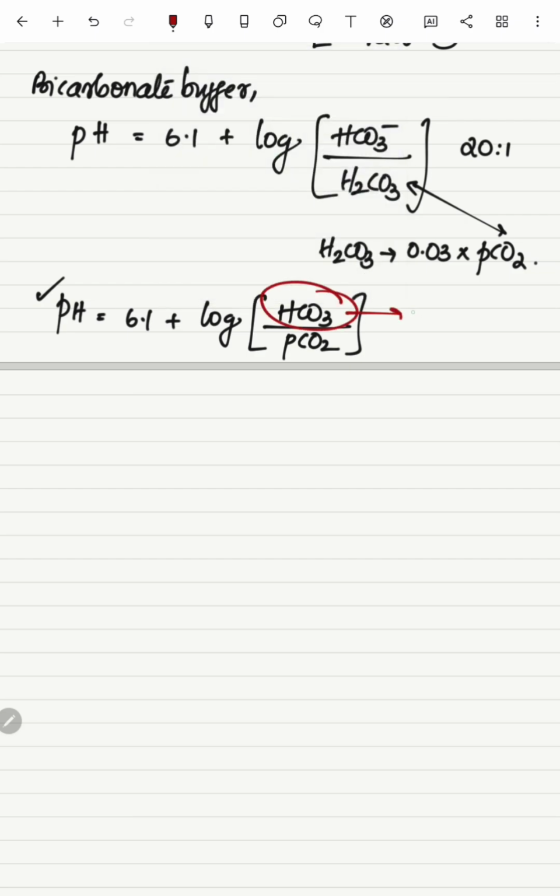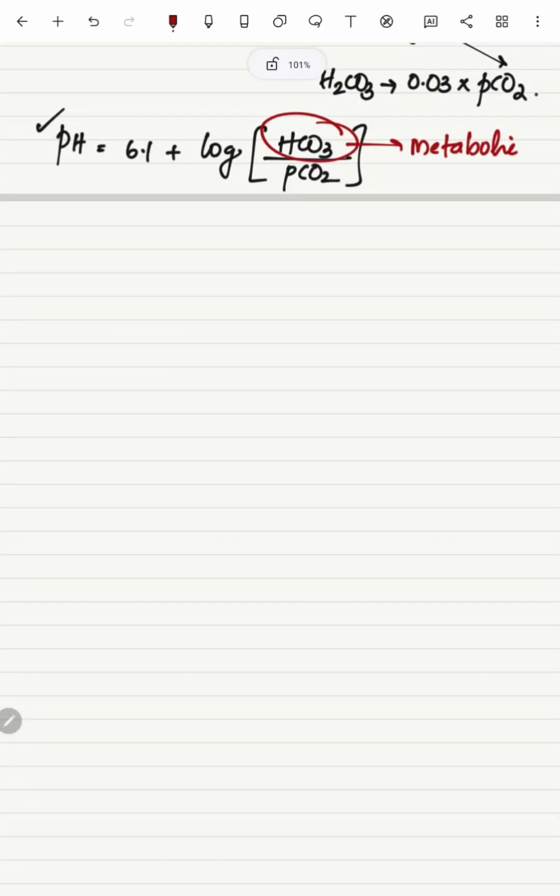Now, I want to highlight that if there is any change in bicarbonate, the numerator, we are expecting a metabolic disturbance in our body, either acidosis or alkalosis.